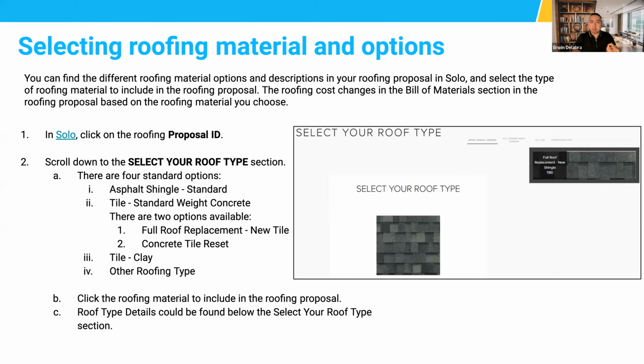So there's two different scopes. They're going to take off, once again, the clay tiles. They're going to remove everything that's underneath. If there's any wood that needs to be replaced, they're going to let you guys know as a change order. From there, they're going to install new flashings, new underlayment, all that good stuff, and then put a new layer of comp shingle underneath for the whole ridge to rig, the whole roof plane.